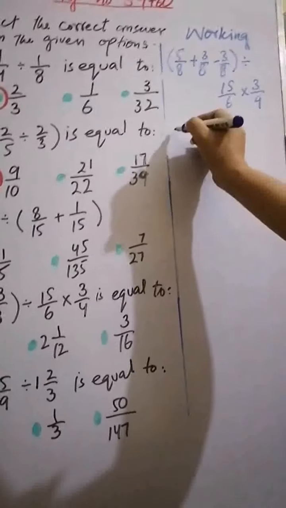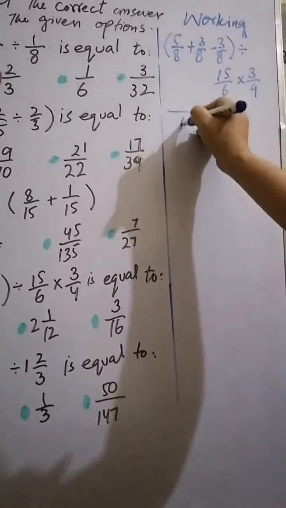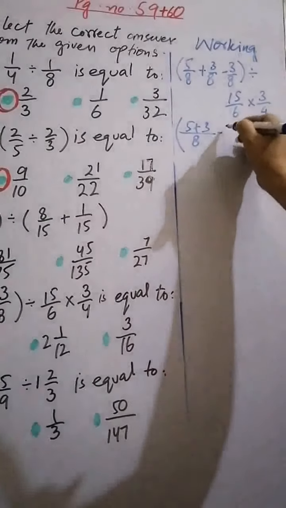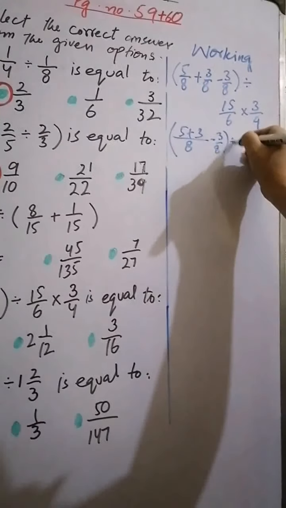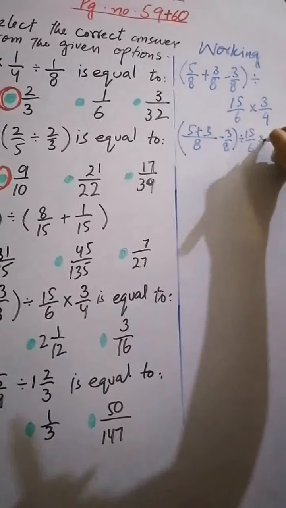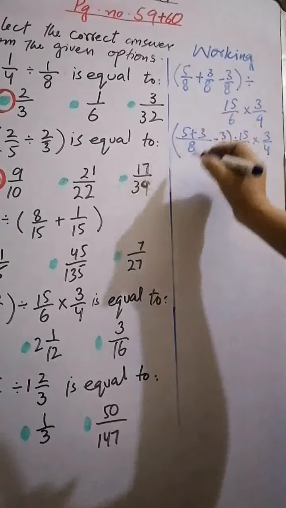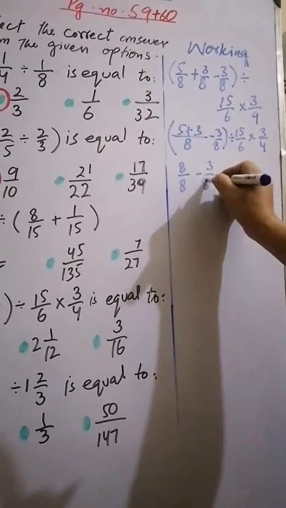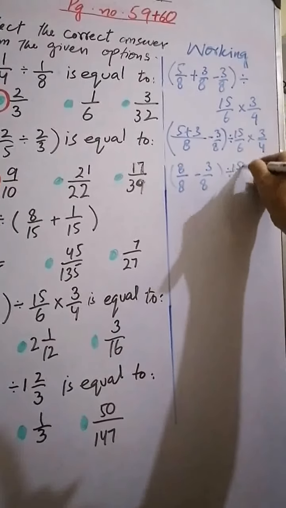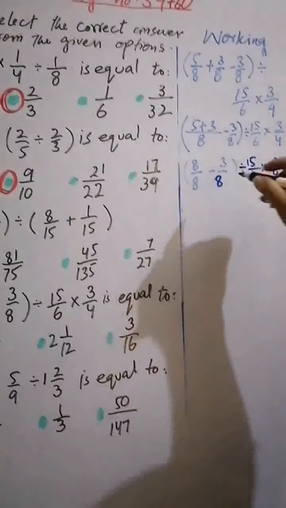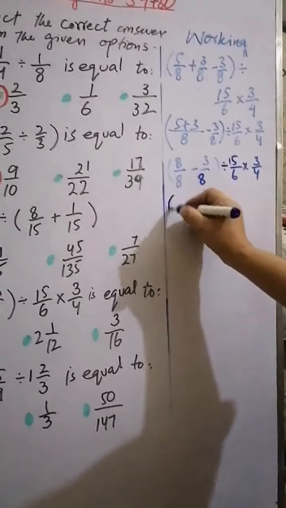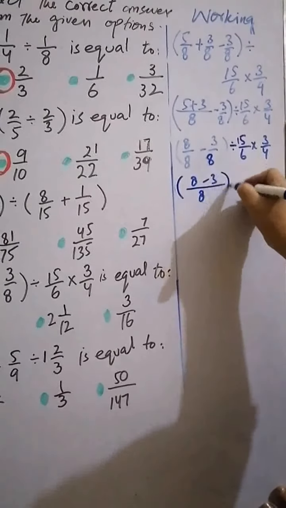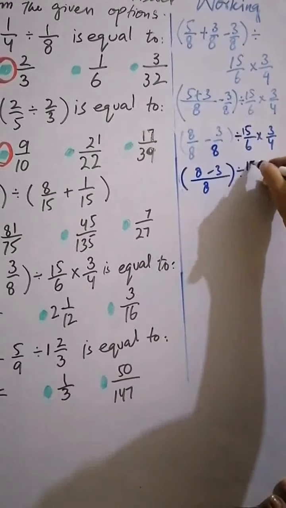Now plus का sign से पहले it's LCM is 8, numerator as it is, right, minus 3 by 8 as it is divided by 15 by 6 multiply 3 by 4. Okay, it's 8 by 8 minus 3 by 8 and 15 by 6 multiply.